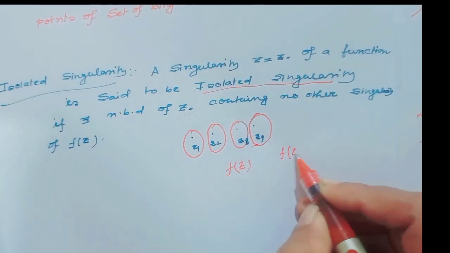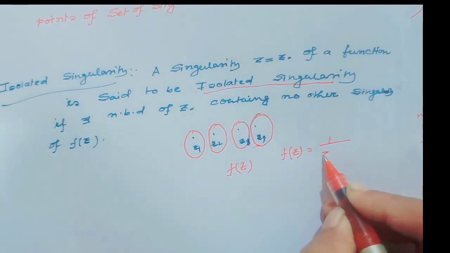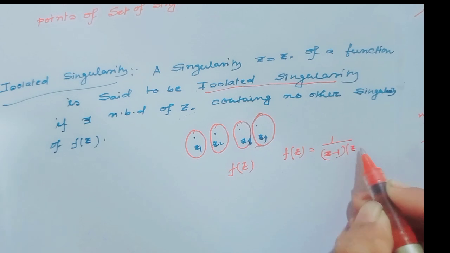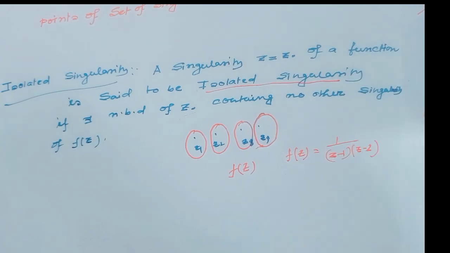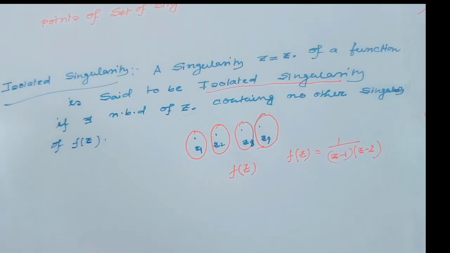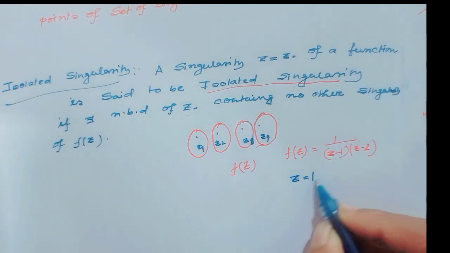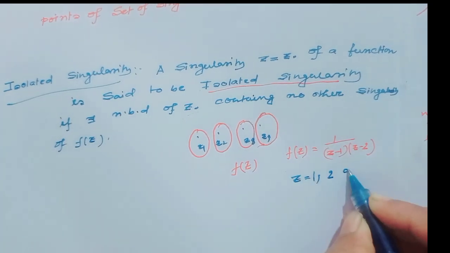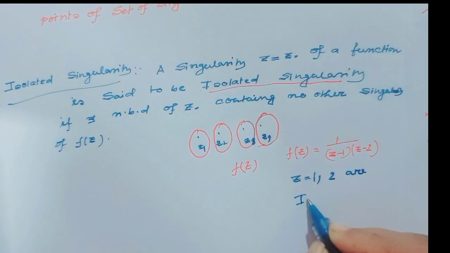Consider f(z) equal to 1 over (z minus 1) times 1 over (z minus 2). Notice z equal to 1 and 2 are isolated singularities.